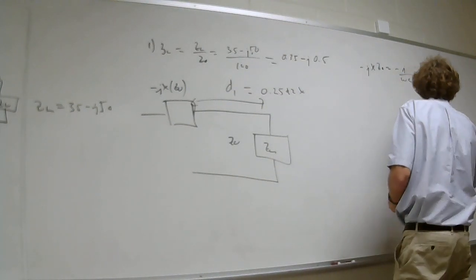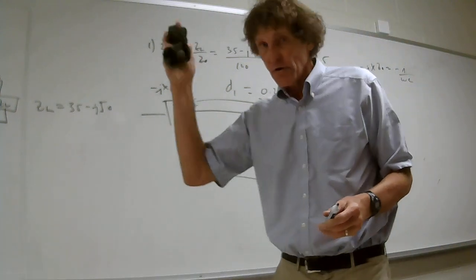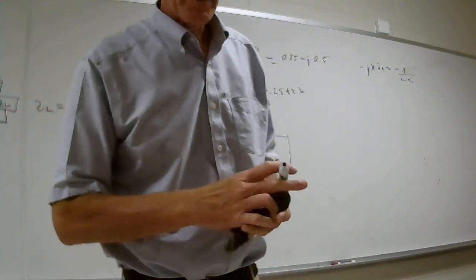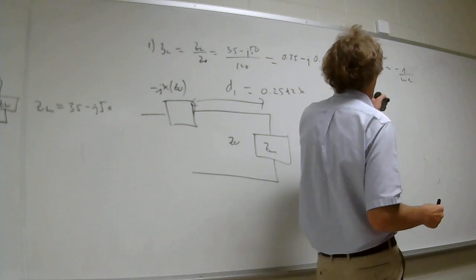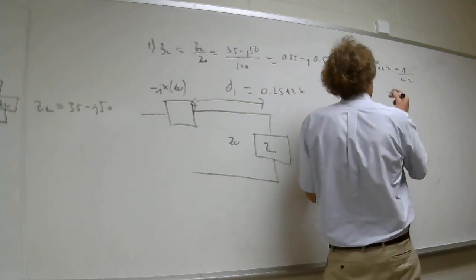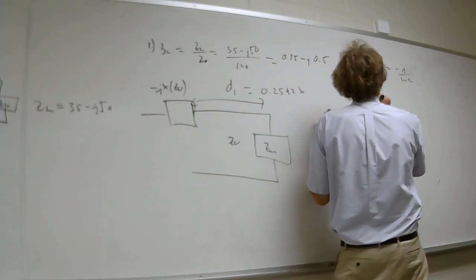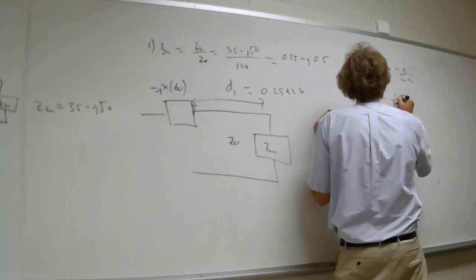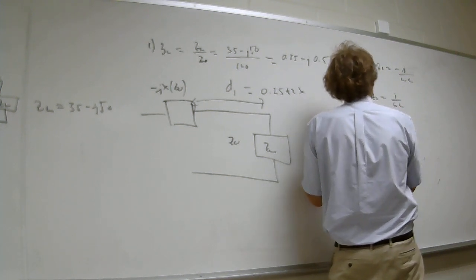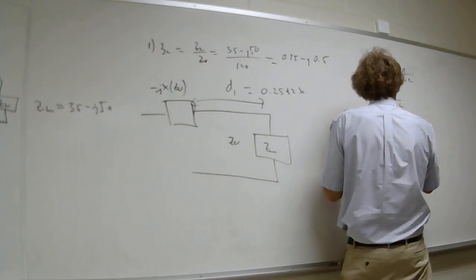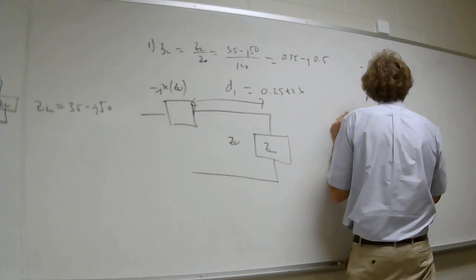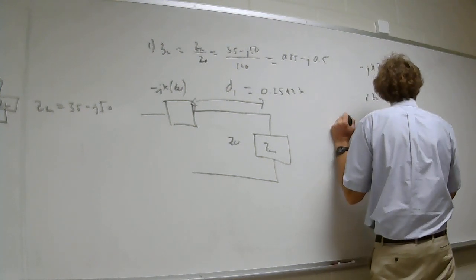Okay, y'all follow me on that? Capacitive reactance is minus j over omega C, correct, class? So minus j over omega C has to be this. The minus j's cancel. I have x Z naught equal to 1 over omega C, and therefore C is equal to 1 over omega x Z naught.